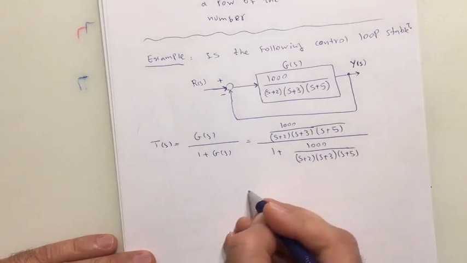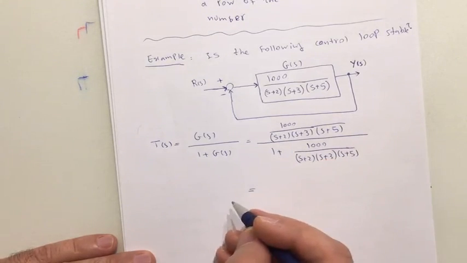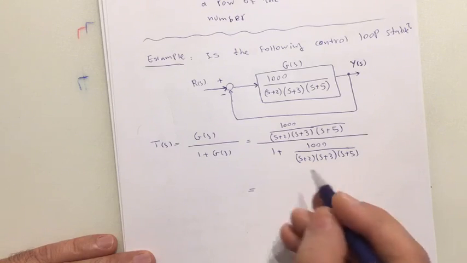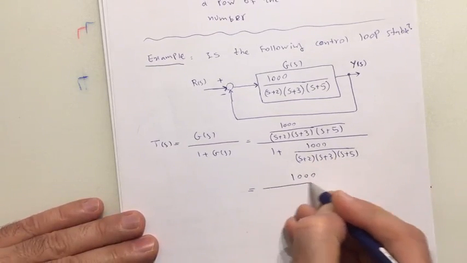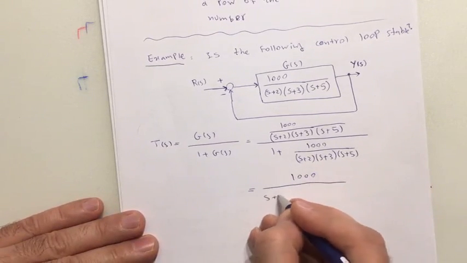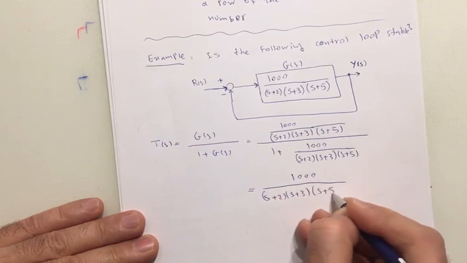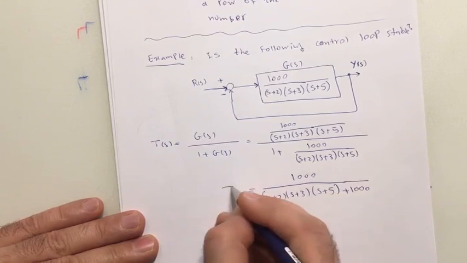If you simplify that, it is equal to 1000 divided by (s plus 2)(s plus 3)(s plus 5) plus 1000. This is T(s).